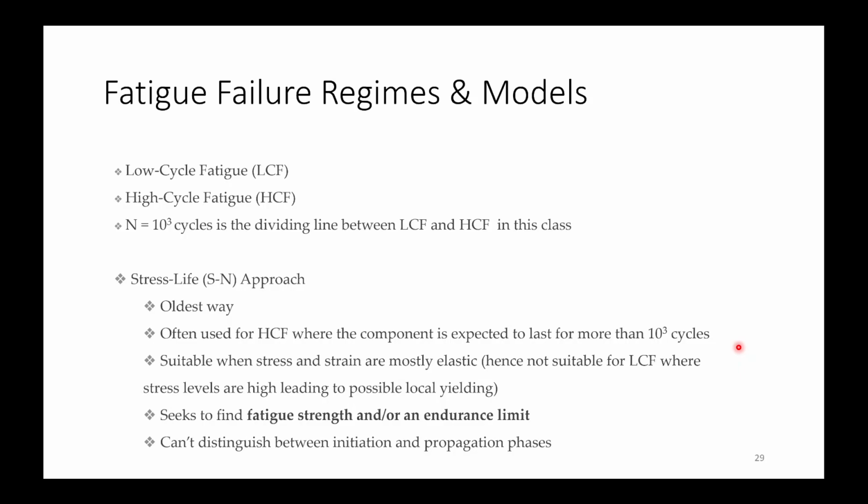It is suitable when stress and strain are mostly elastic, hence it is not suitable for low cycle fatigue where stress levels are high, leading to possible local yielding. It seeks to find fatigue strength and or an endurance limit. We can distinguish between initiation and propagation phases.